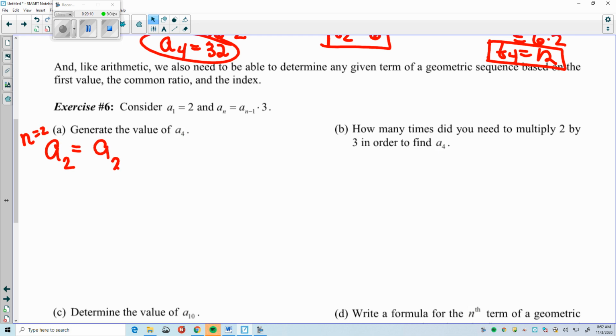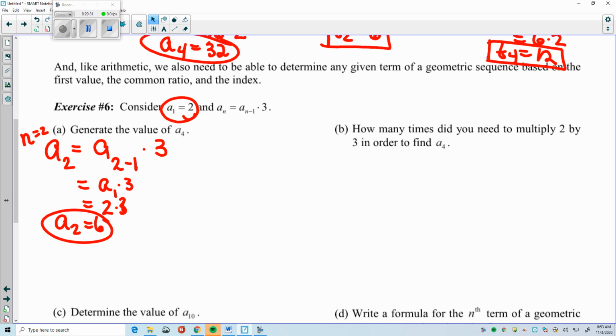I plug that in and I have the formula 2 minus 1 times 3. So simplifying, 2 minus 1 gets me a sub 1 times 3. We know the value of a sub 1 is 2, that was given to us. So I have 2 times 3, and I know my second term has a value of 6.